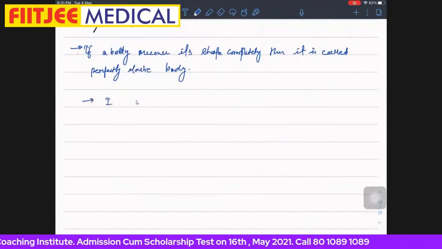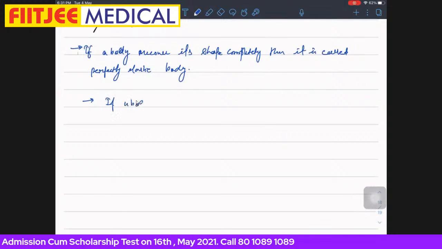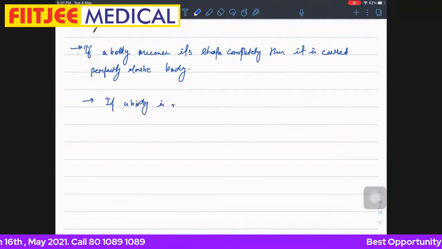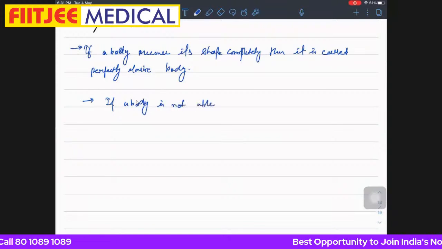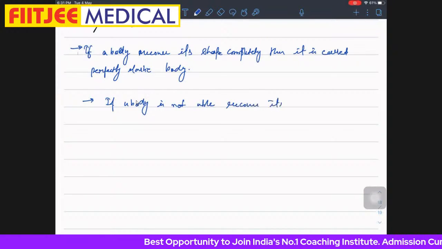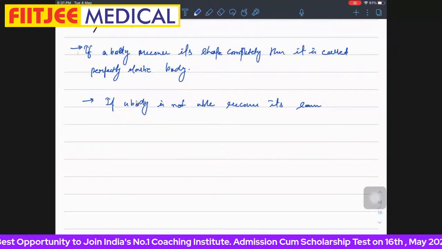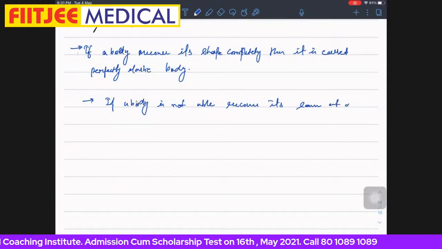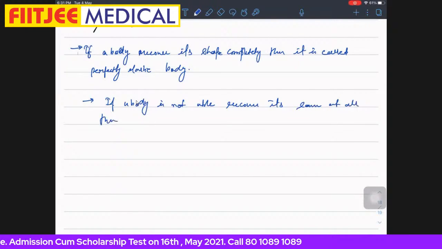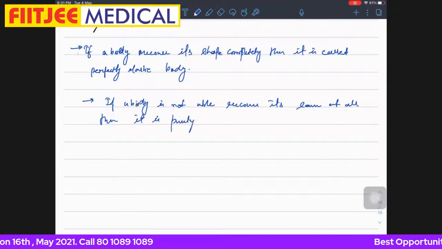If a body is not able to recover its shape at all, then it is called a purely plastic body.